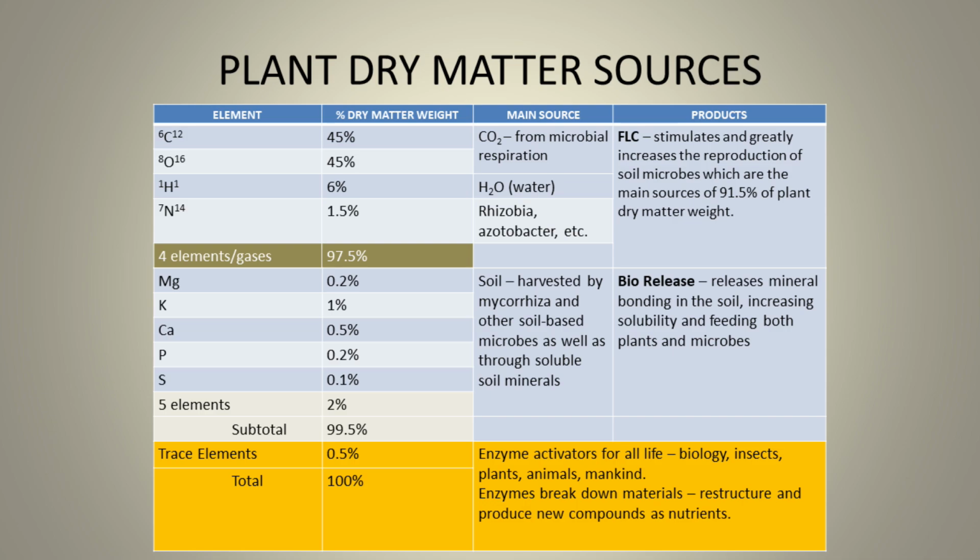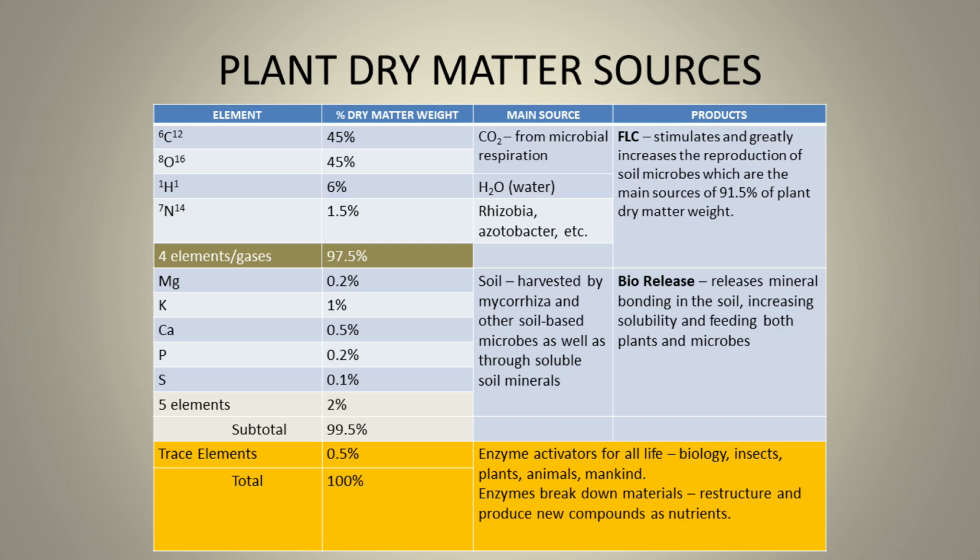Hydrogen can get fixed with oxygen to make water or with nitrogen to make ammonium. And of course, nitrogen, we have it available in a fertilizer form, but it is also fixed by beneficial microbes such as rhizobium and azotobacter.